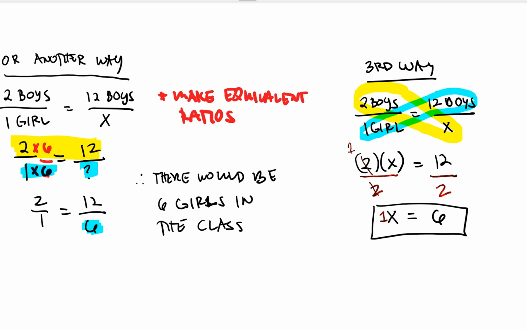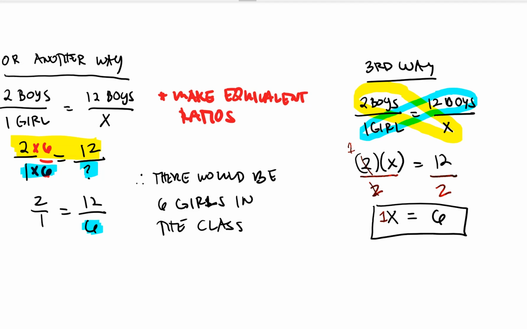So the third way is the more general way of solving this, especially if the numbers are quite tricky, or if it's not easy for you to look for that common number to be multiplied by the numerator or denominator.